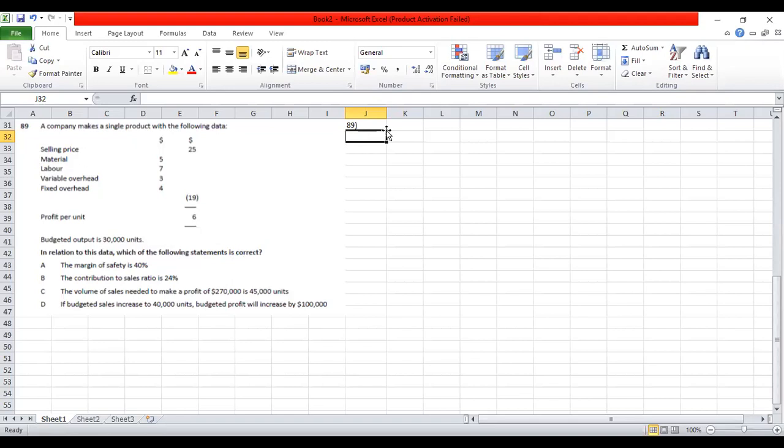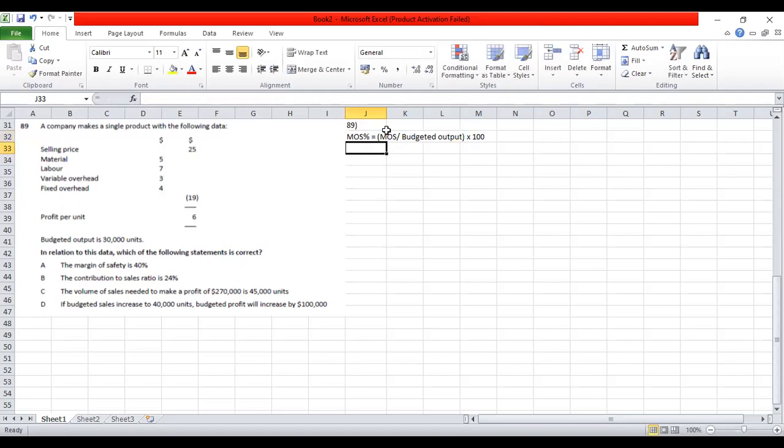If margin of safety percentage has to be calculated, then according to the formula, margin of safety percentage is equal to margin of safety divided by budgeted output into 100.